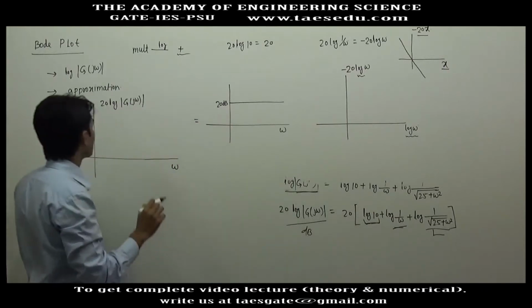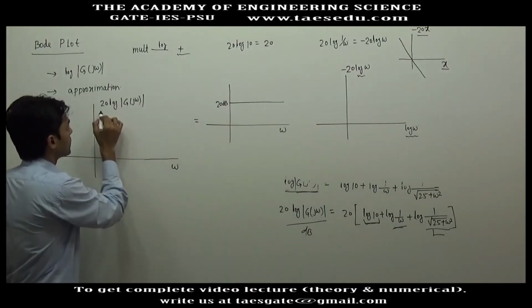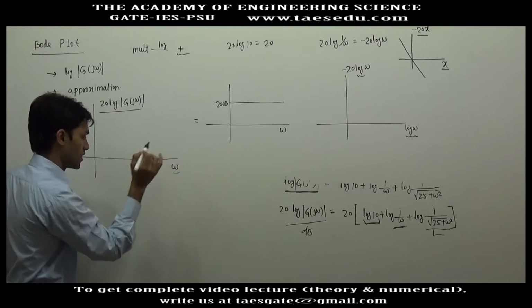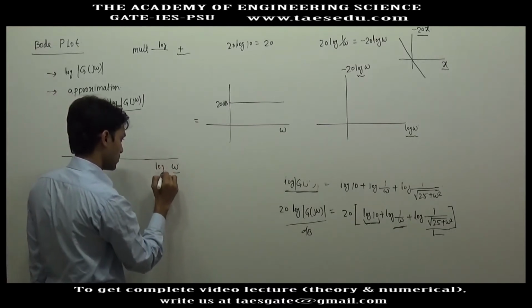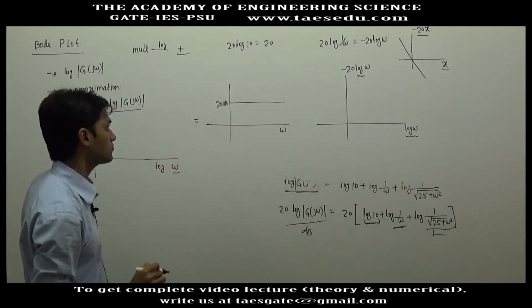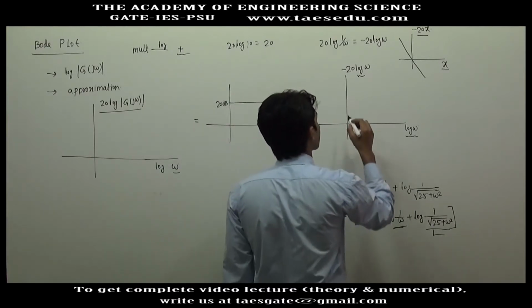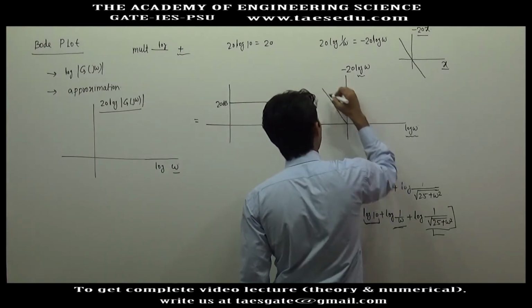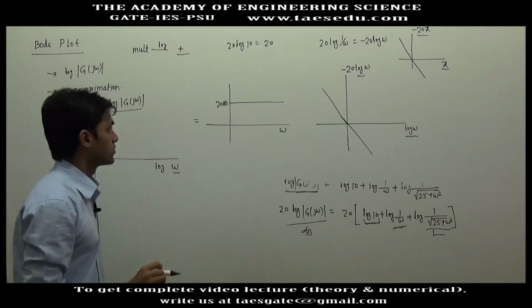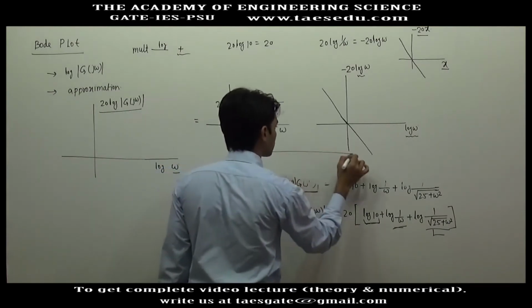So instead of plotting 20 log of magnitude versus ω, what we plot? Log ω. So this graph will be like, okay, so these two are easy.